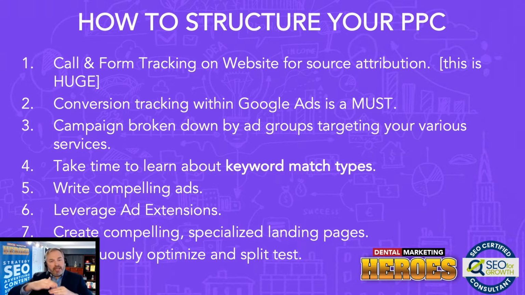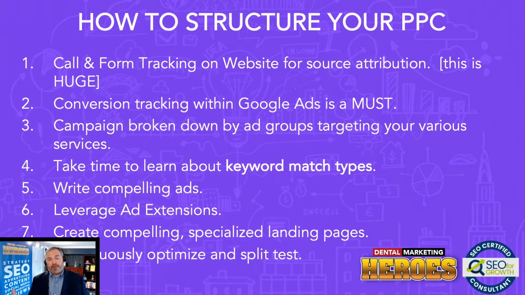So, basically, I'm talking about layering tracking. So, you have call and form tracking, which is outside of Google, you have conversion tracking within Google, and then you want to break down your campaigns into ad groups targeting your various services. Sometimes you can even get as granular as targeting specific geolocations, but let's talk about it at a higher level about targeting your services.